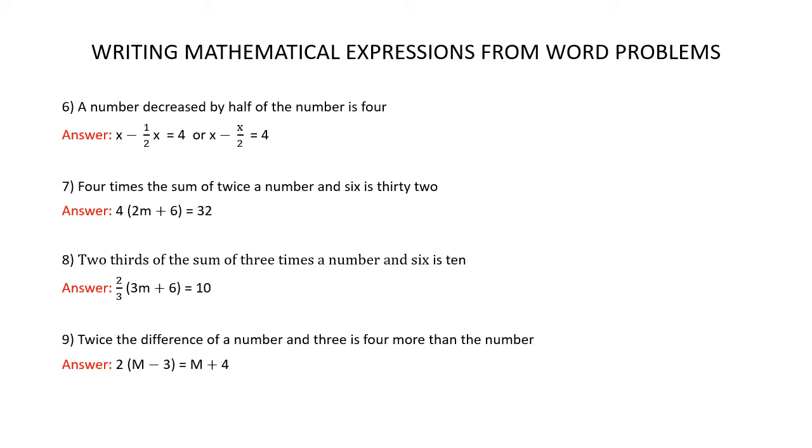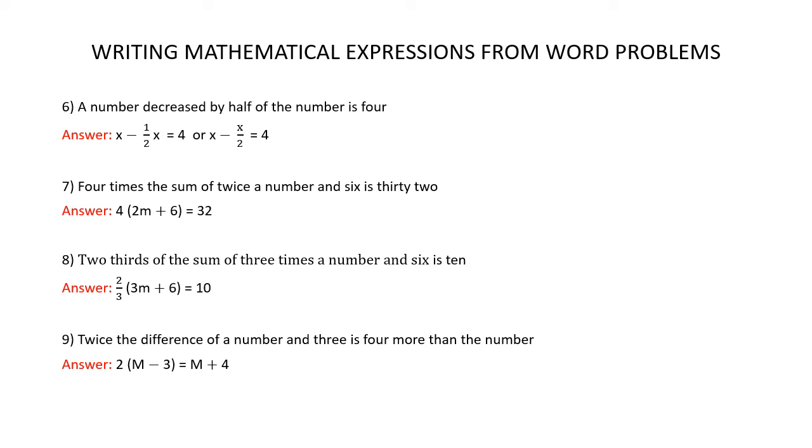Now 2/3 of the sum of 3 times a number and 6 is written as 2/3, that is 2 divided by 3. Of means multiplication. So 2 divided by 3 multiplied by (3m plus 6) is equal to 10.